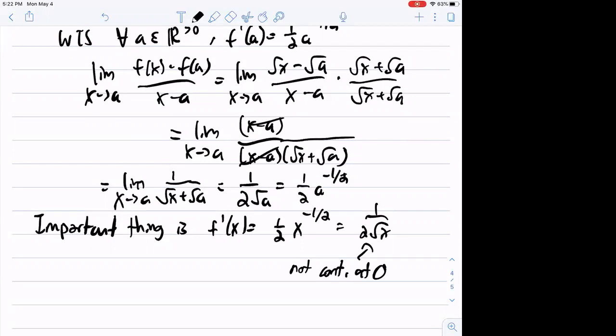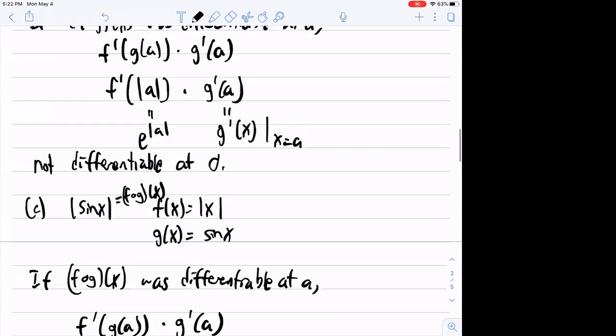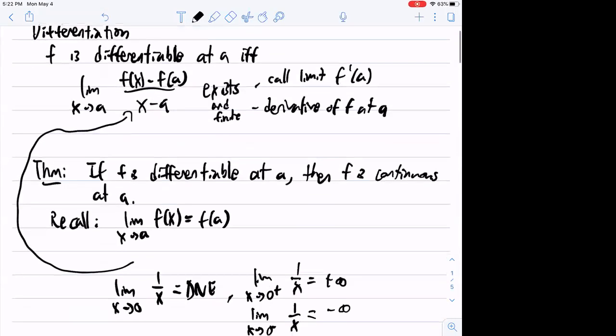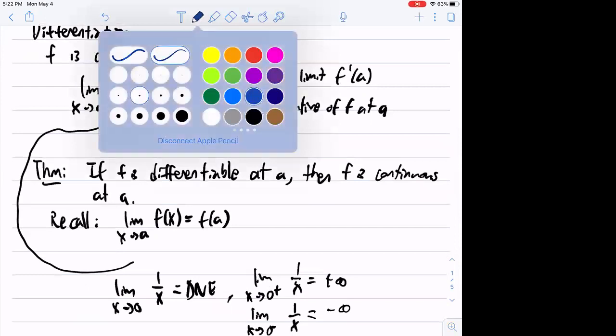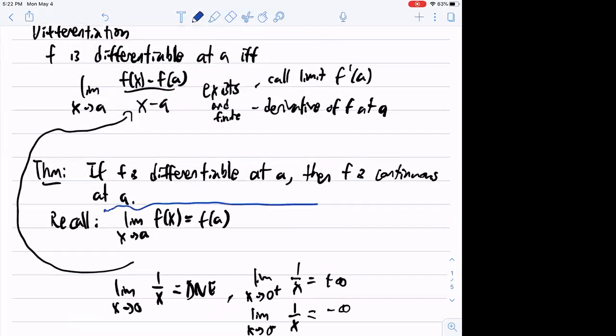So this thing cannot be differentiable. So why? Because if you go back to the theorem on top that I just wrote, a function that's differentiable is continuous, right?